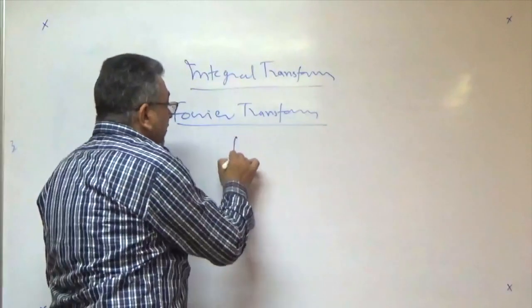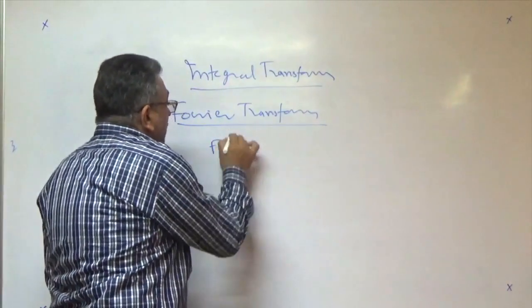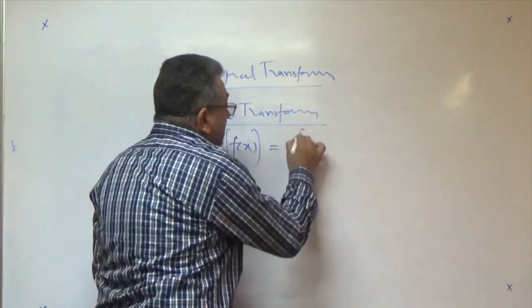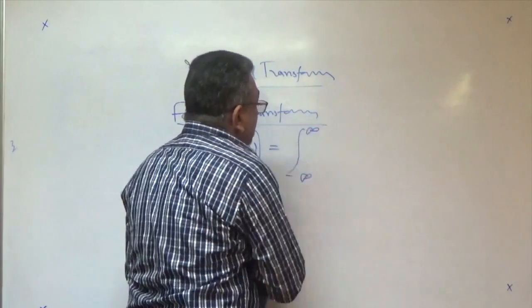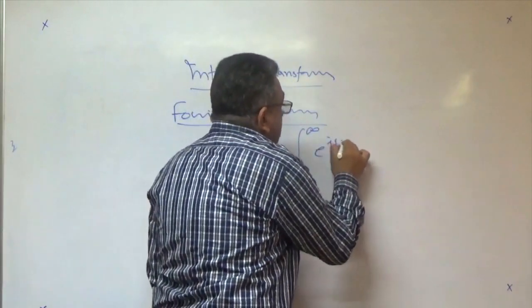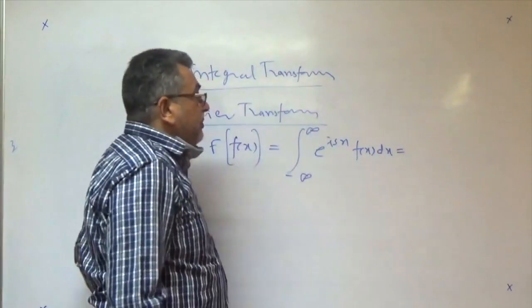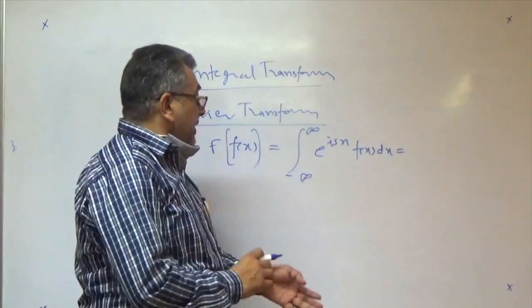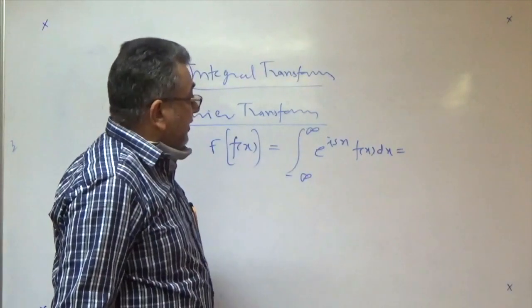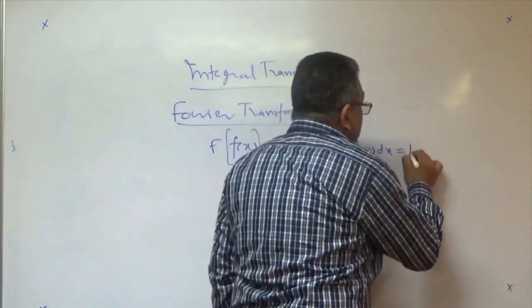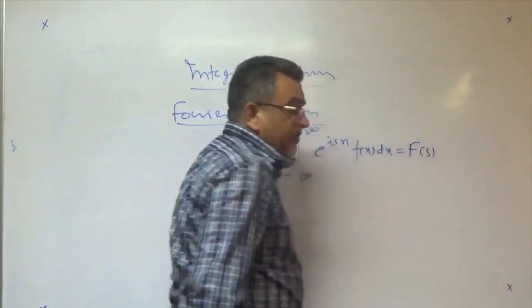Then I told you if we have a function f(x), then the Fourier transform is the integral from minus infinity to infinity of e to the power minus sx f(x) dx. Naturally after integration with respect to x, a definite integral, we get a function of s, denoted by F(s).